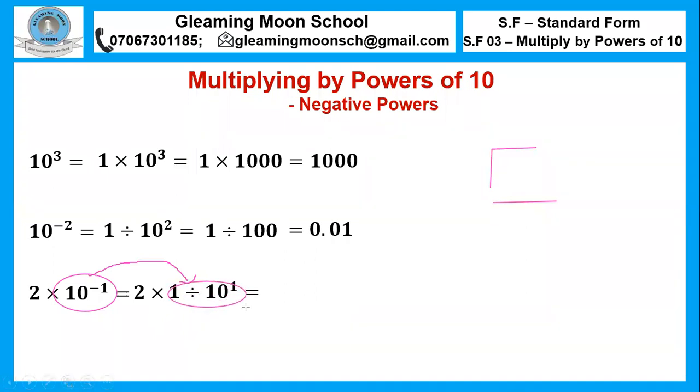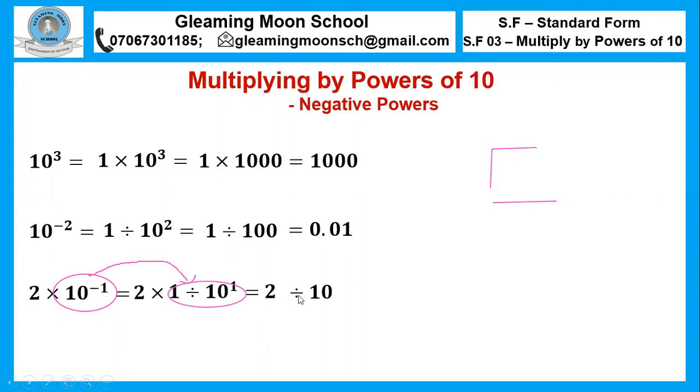So that's what this equates to. Now, if we get that, we have a whole number here, 2, and we have 1. So we multiply these two together. 2 times 1 is going to give us 2. Then we now have divide by 10 raised to the power of 1, which is 10.